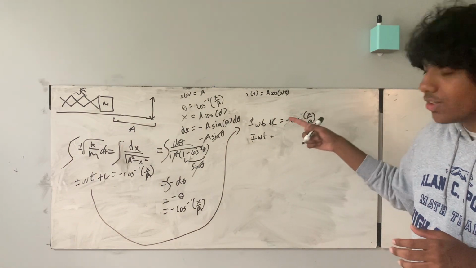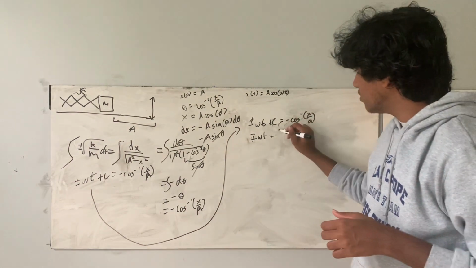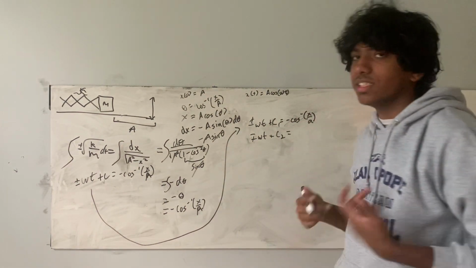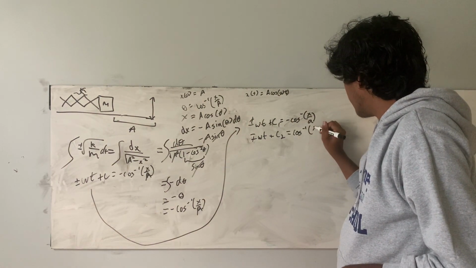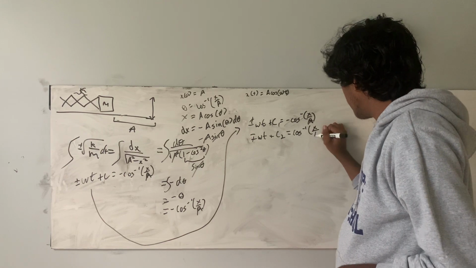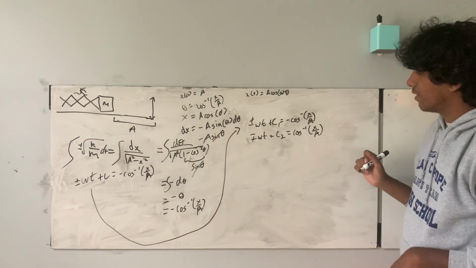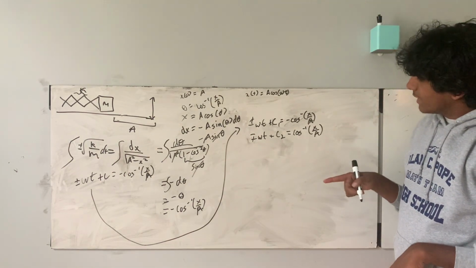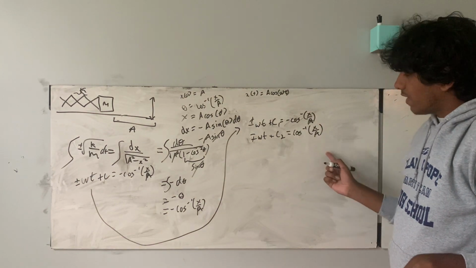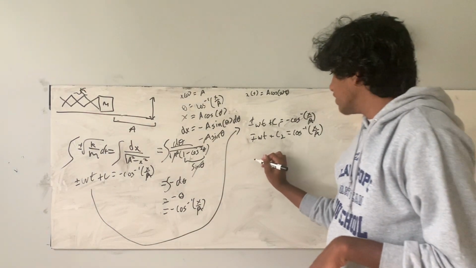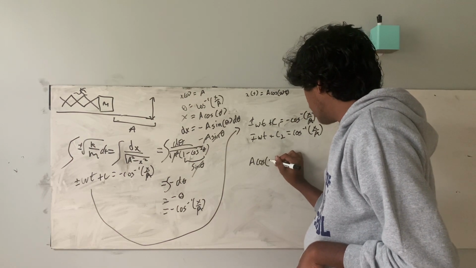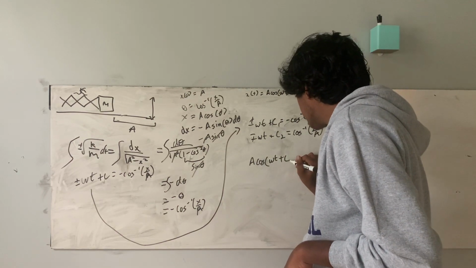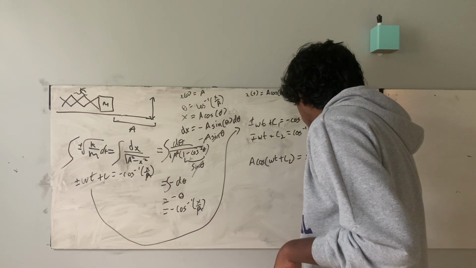That's c1, so let's name this c2 because that's a new c. Cosine inverse of x over a. Take the cosine on both sides so that inverse cancels out and then multiply a on both sides. So we get a cosine of omega t plus c2 equals x of t.